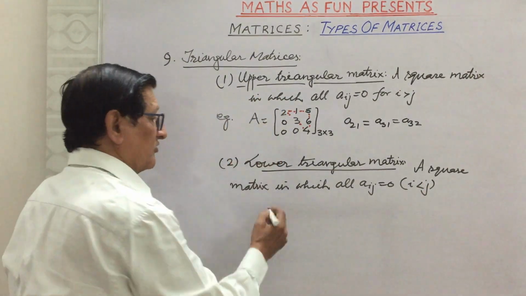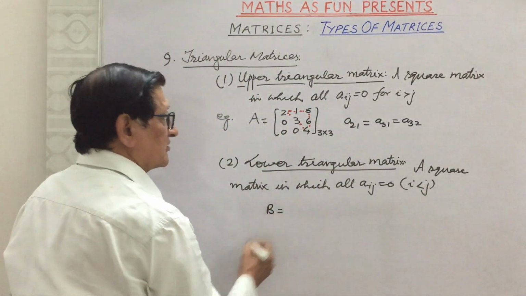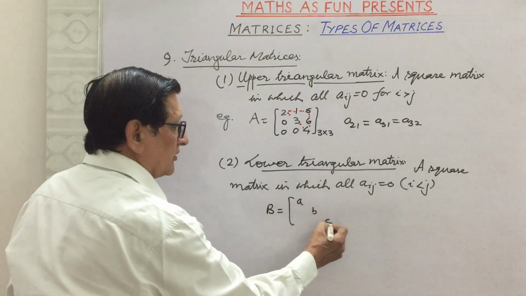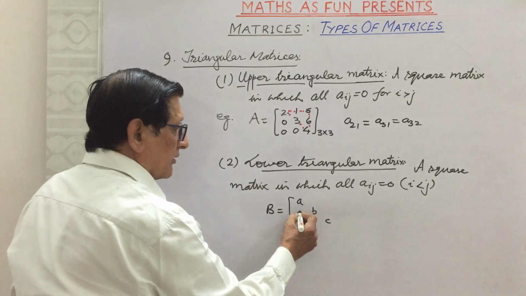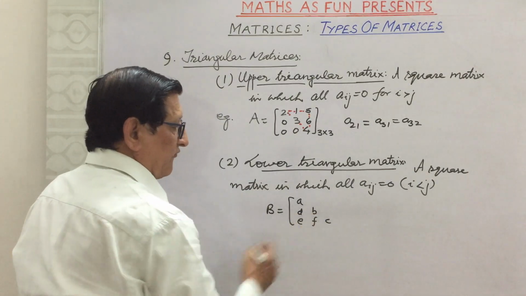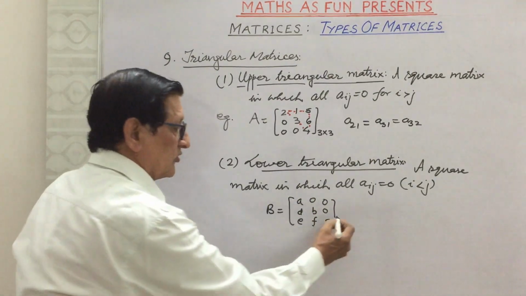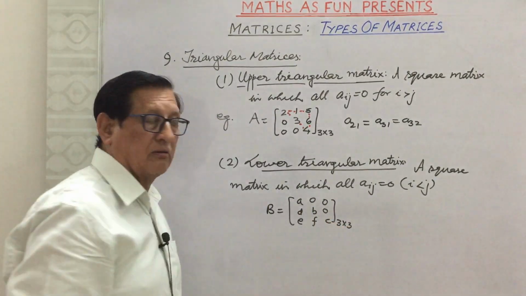Here also we take one example. Suppose the matrix is B and we find this as A, B, C, D, E, F, and these are all 0 each. This is of order 3 into 3.